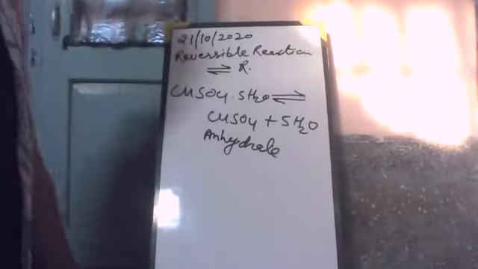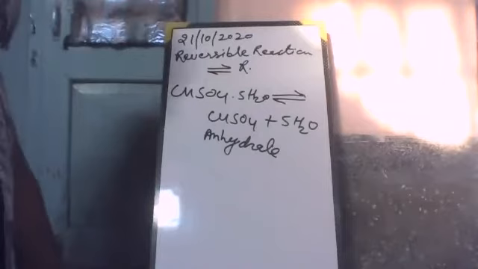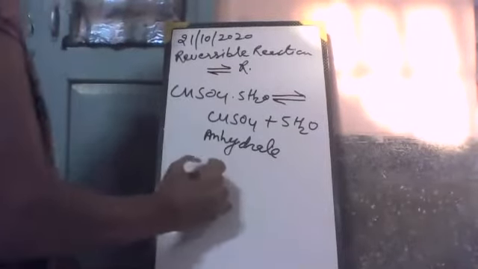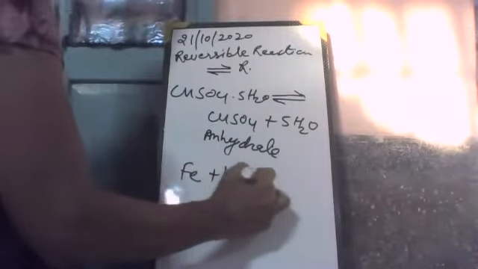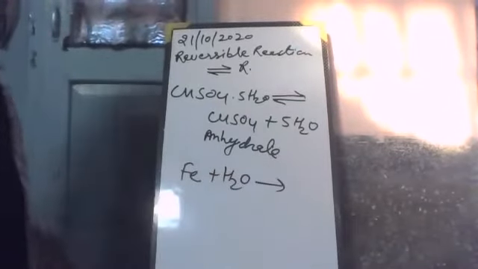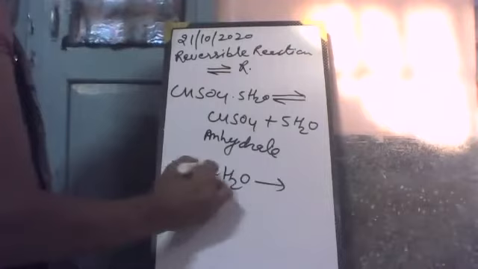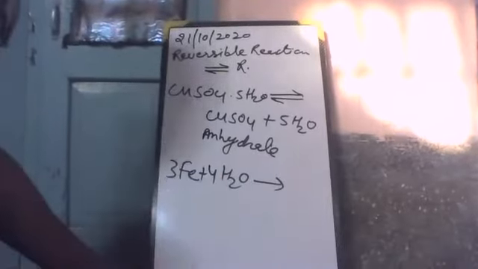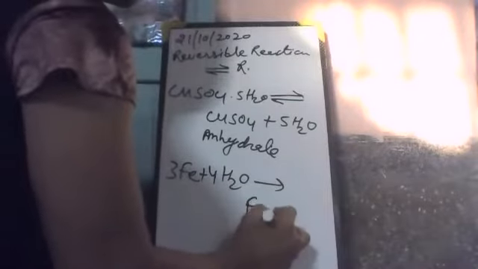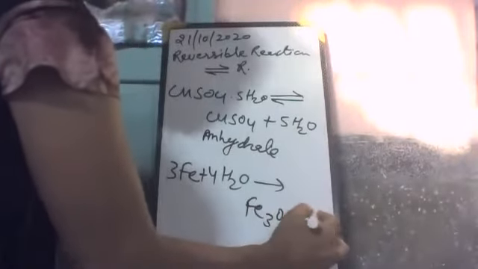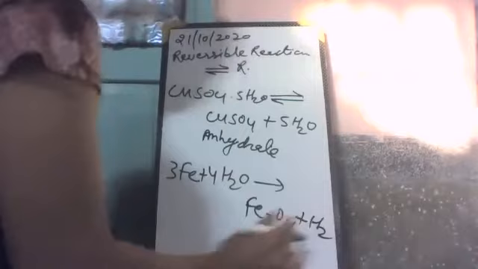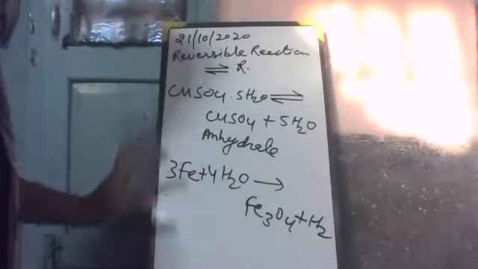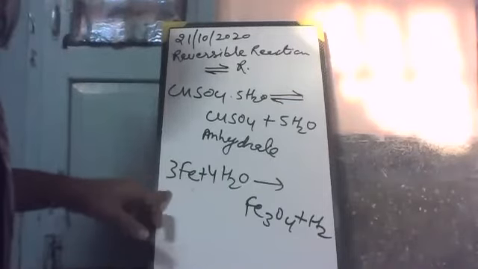Steam is passed over red hot iron. See what happens on red hot iron. Vapor of water is passed on this. It changes into ferric oxide, Fe3O4, and H2. This is the reaction of red hot iron with water vapor.